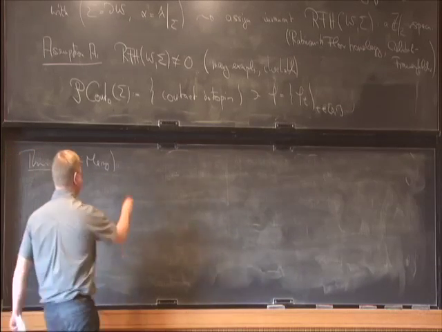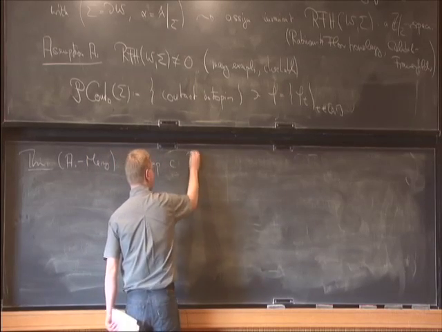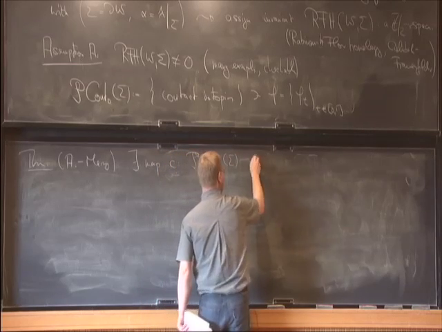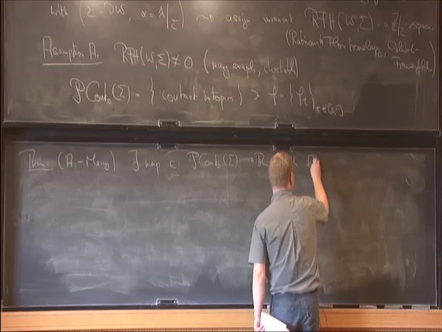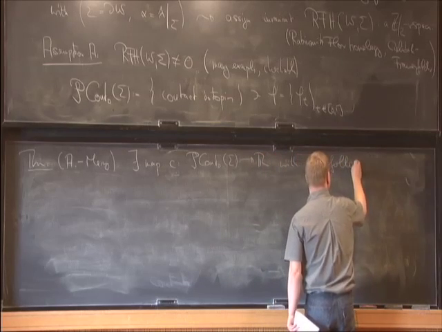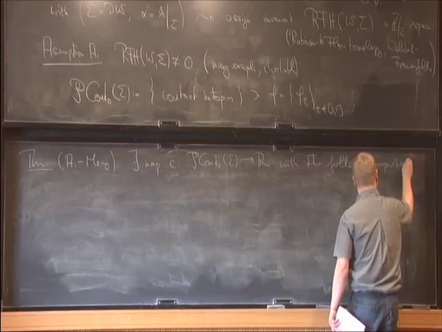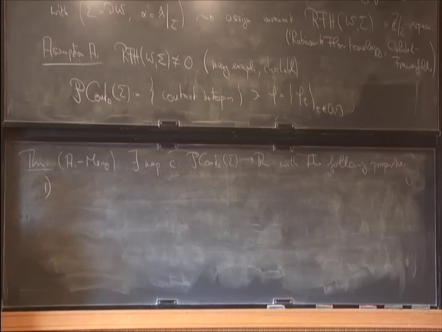There exists a map on this path space to the real numbers with the following properties. This list is not quite complete, but I give you quite a number of properties.